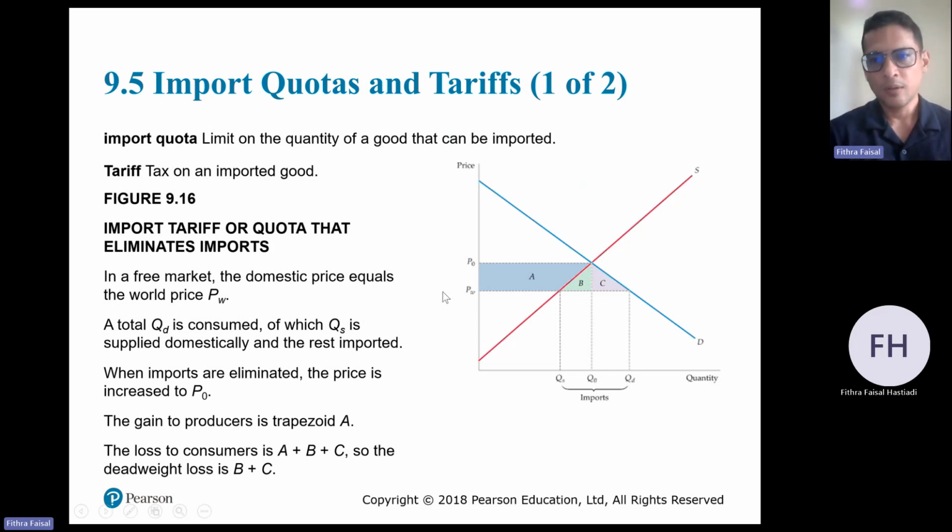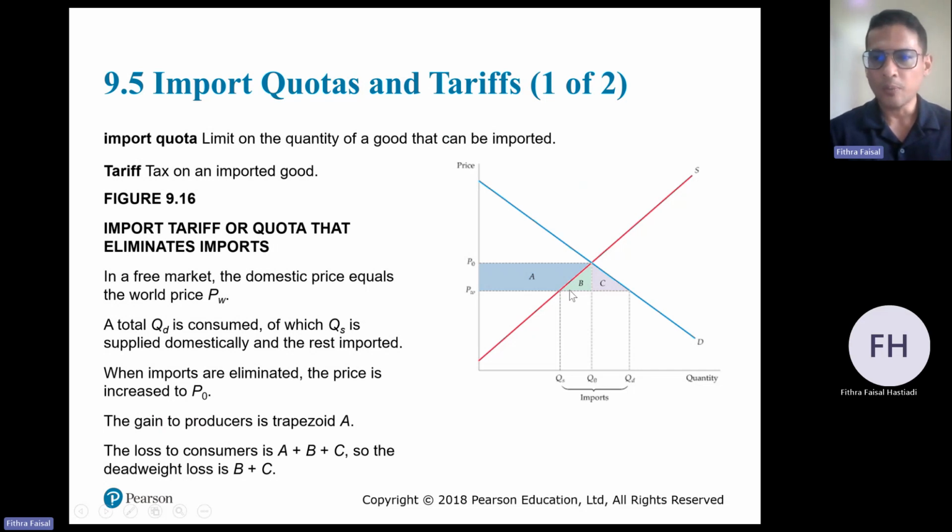Because we have PW, we have excess demand. The demand outmatches the supply at this price, which is very low. The producers cannot produce more than QS over here because they don't have enough incentive to produce domestically.